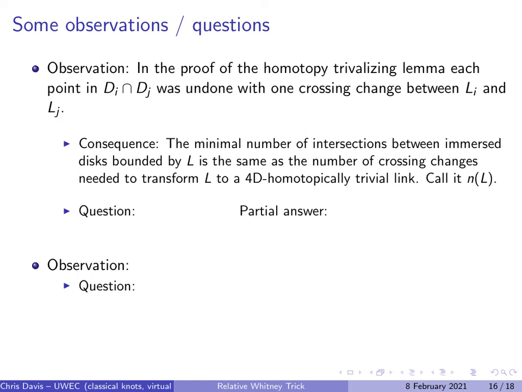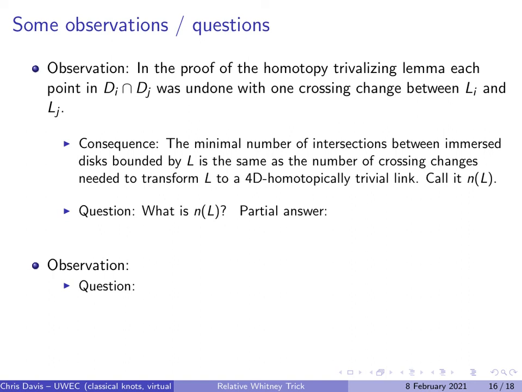That is exactly the same as the minimum number of crossing changes needed to transform L to a 4D homotopically trivial link. I'll call that number n of L, the homotopy trivializing number.